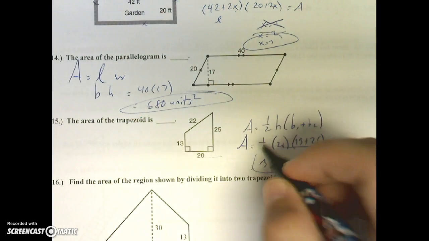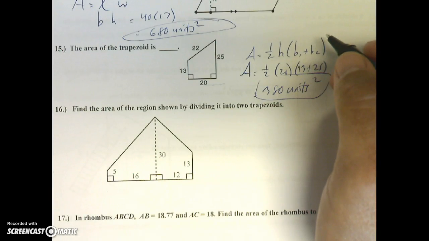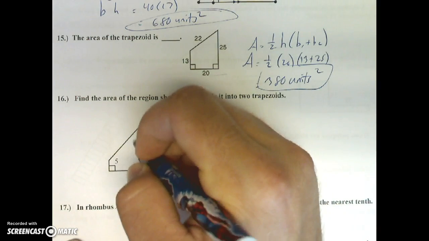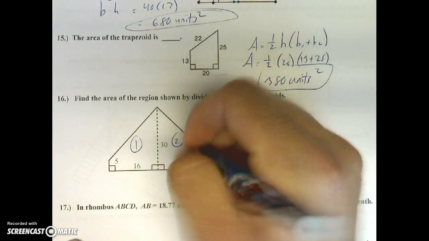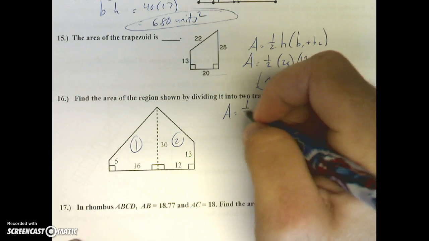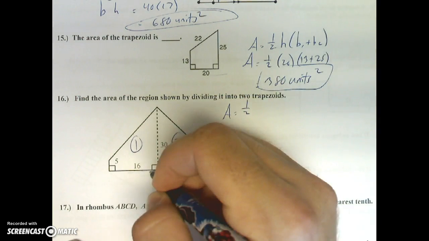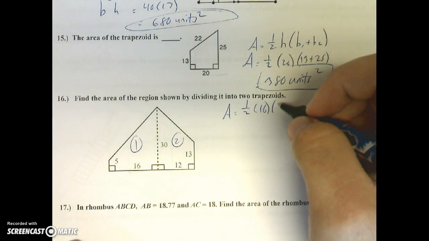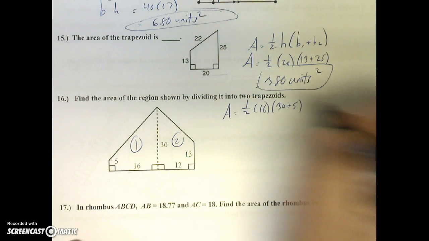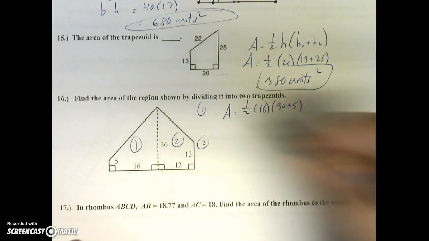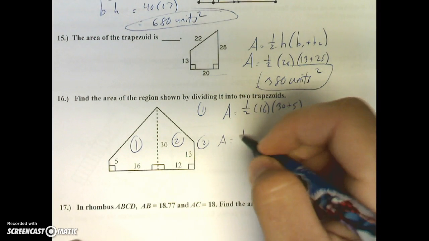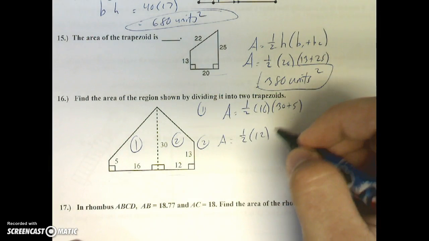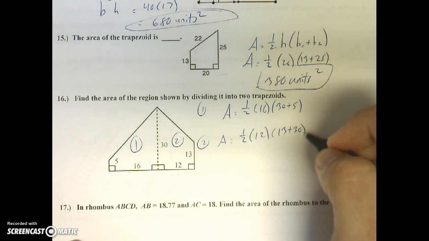Okay, good. All right, find the area of the region shown by dividing into two trapezoids. Okay, so for trapezoid 1, we're going to put a 1 right here and a 2 right there. It's 1/2, the height is 16. My bases are 30 and 5, so 30 plus 5. Put a little 1 next to that one. And then the area for the second one is 1/2, 12 is my height, 13 plus 30.